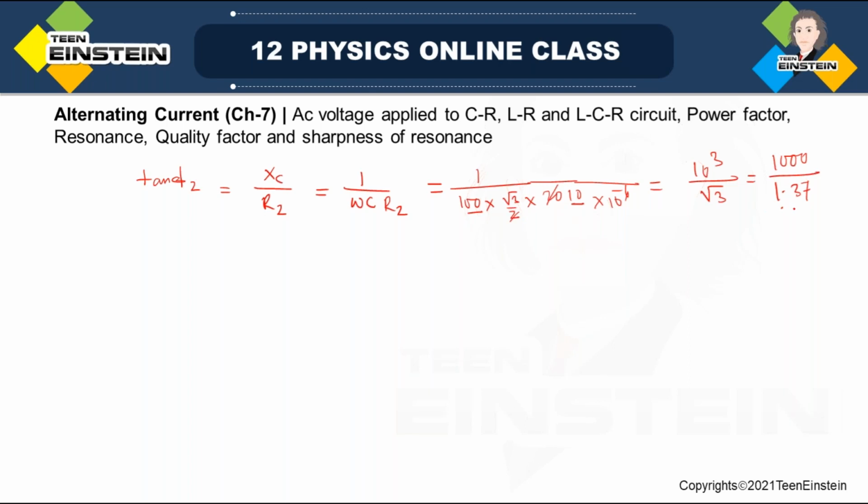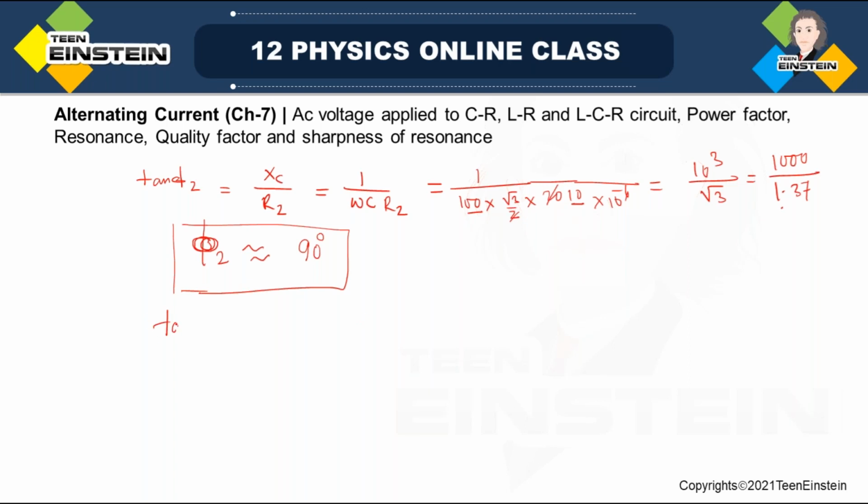This quantity is very, very small compared to this, so this tan phi 2 is considered a very, very large quantity. So we can say phi 2 is nearly 90 degrees. We are just thinking of it as infinite, so we are considering this as 90 degrees. So we have got phi 2 as 90.